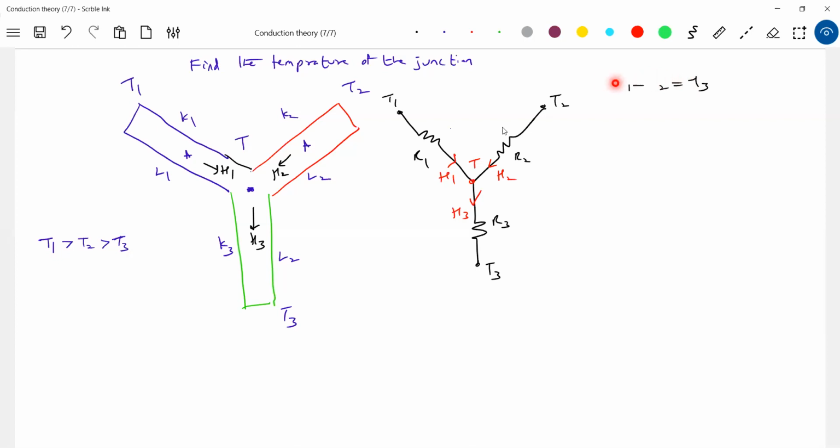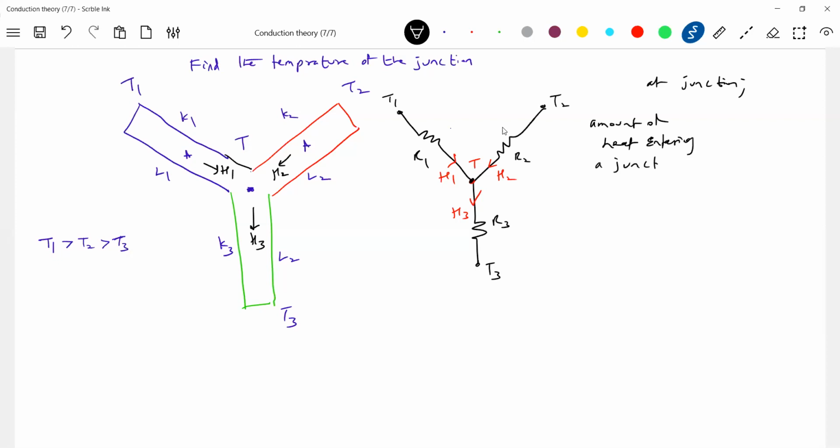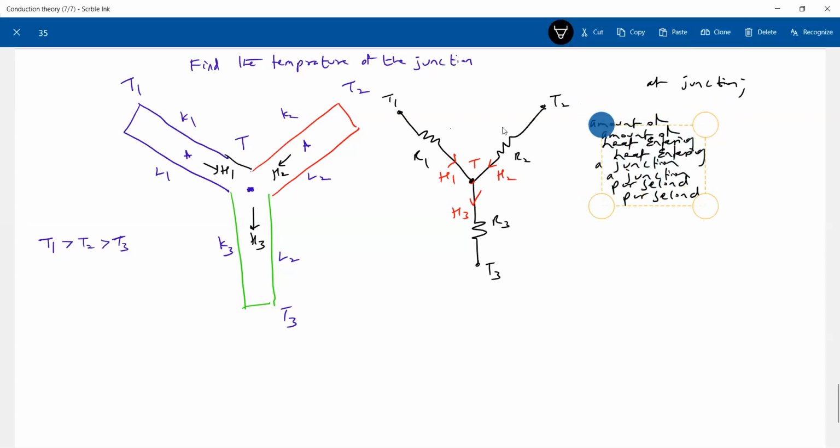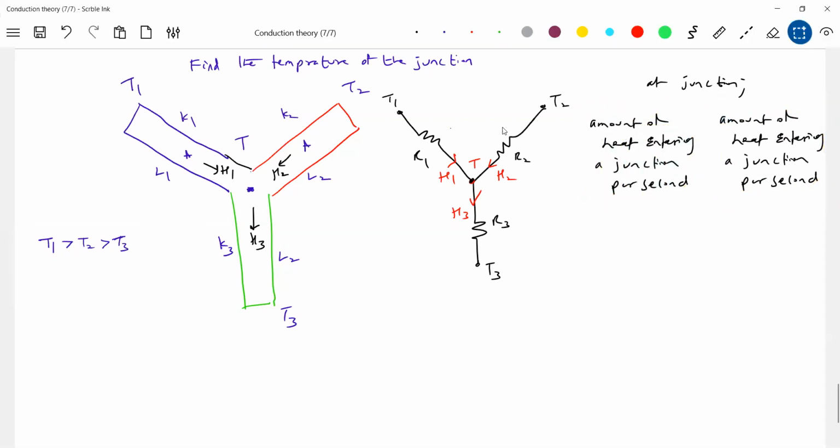So here I'll put it like at the junction. Where is the junction? There's a junction. So at the junction, amount of heat entering a junction per second should be equal to amount of heat leaving a junction per second.